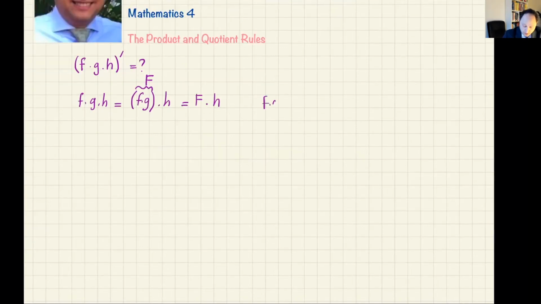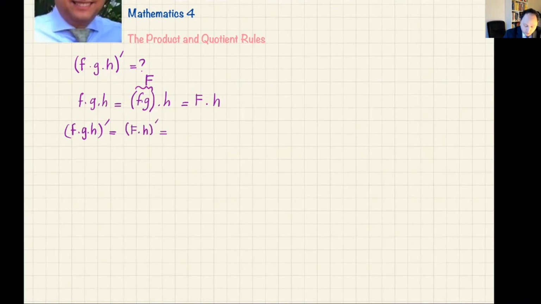Let me write here, start from here. I want to calculate f times g times h, prime. But by this auxiliary variable, I view the product as the product of two functions. So I can write capital F times h, prime.